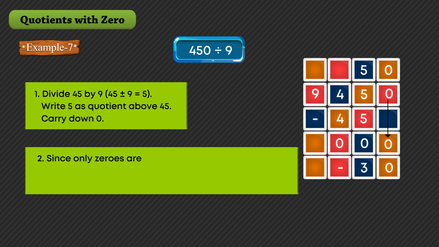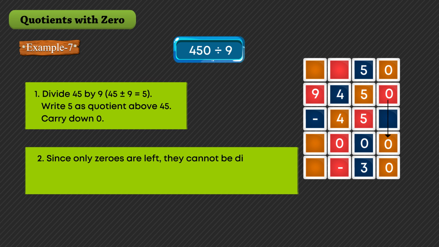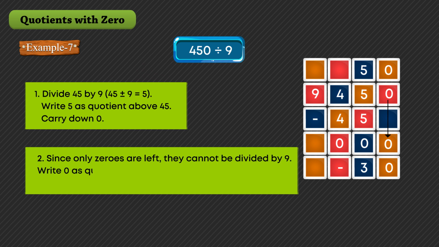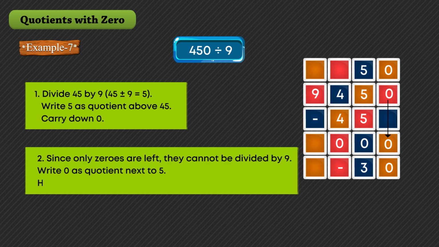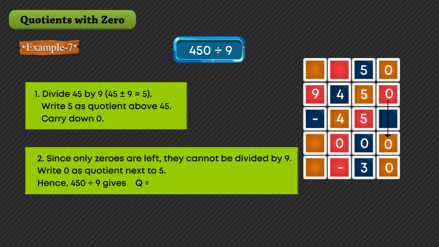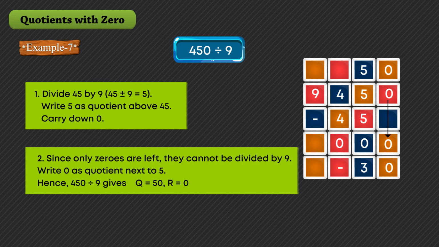Since only zeros are left, they cannot be divided by 9. Write 0 as quotient next to 5. Hence, 450 divided by 9 gives quotient is equal to 50. Remainder is equal to 0.